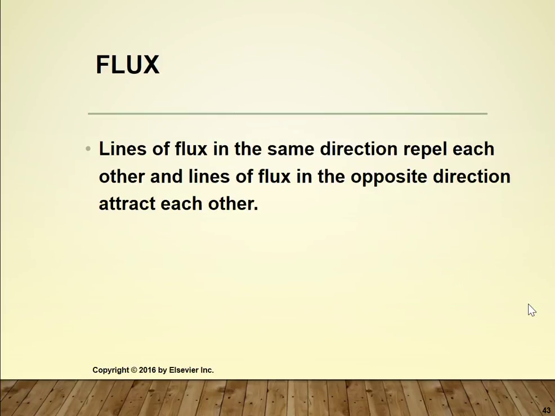The second one is that lines of flux in the same direction repel each other. Same direction repel. Lines of flux opposite attract, just like your regular electrons, protons, and all those good things. Like things repel, opposites attract.